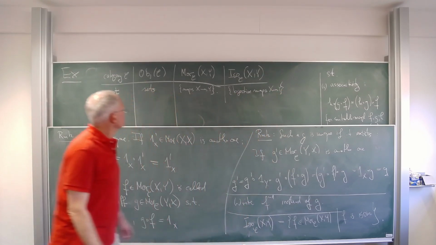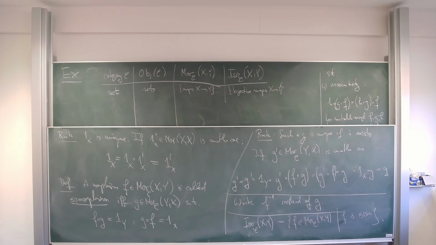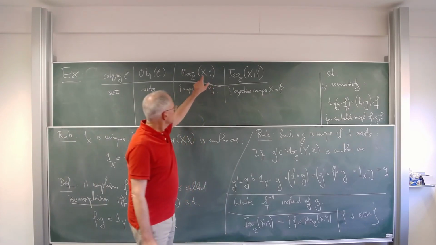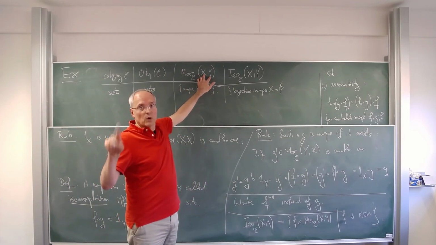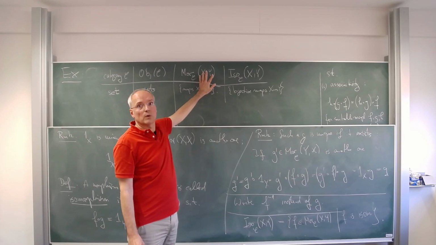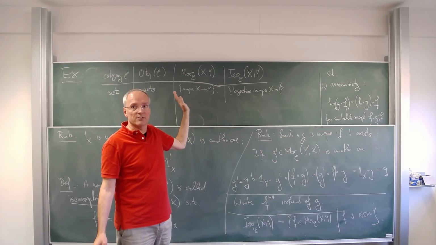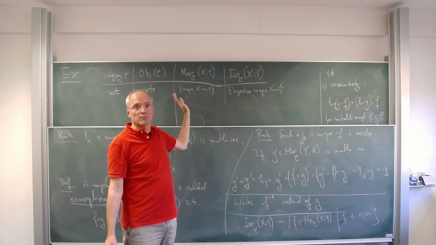So you see, the space of morphisms, and in particular also the space of isomorphisms for two objects, can be empty. It's never empty if x equals y, because then we have this one element. But if x and y are different, then there's no guarantee that the morphism set is non-empty.